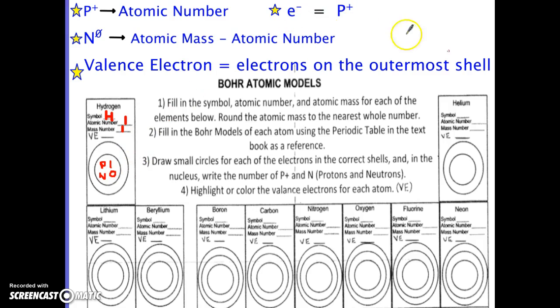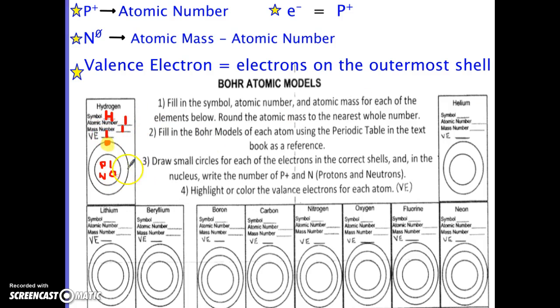Electrons and protons are always equal, so I know that I have on this first shell 1 electron. Now, since I only have 1 electron, I only have 1 valence electron. That's the electron on the outermost shell. So I'm going to highlight or color that valence electron and say that there is 1 valence electron.